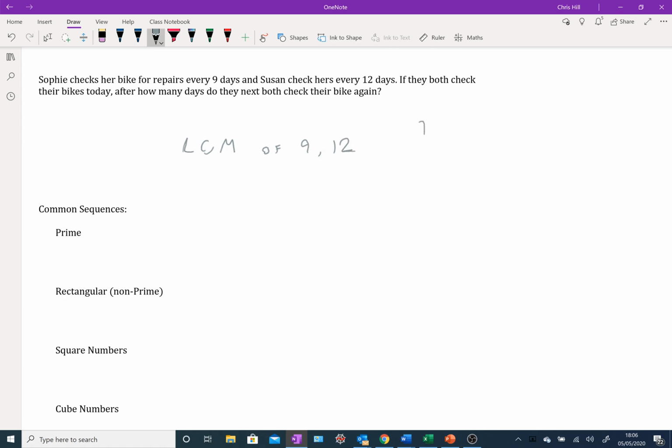Probably easiest to just list them out. 9, 18, 27, 36, and so on. 12, 24, 36. In this case it's easier because the numbers are fairly small. So here we have they'll both check their bikes again after 36 days. So it just becomes a lowest common multiple problem.